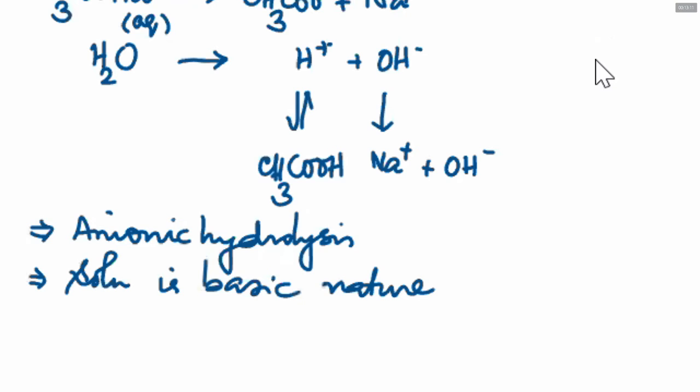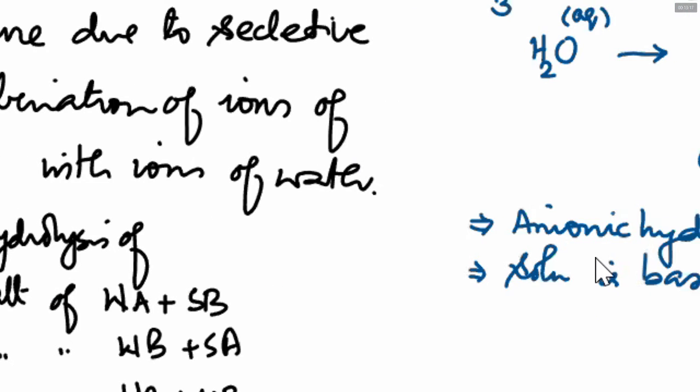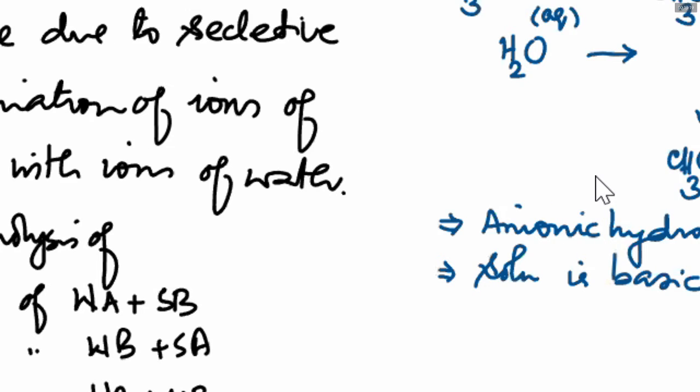I don't want to go into so many examples because you people are genius. Therefore, this one example is sufficient. But when you start studying properly at home, what can we say? Only those ions will undergo hydrolysis which belong to a weak electrolyte. Yes, you are right. Remember that ions of a weak electrolyte undergo hydrolysis.